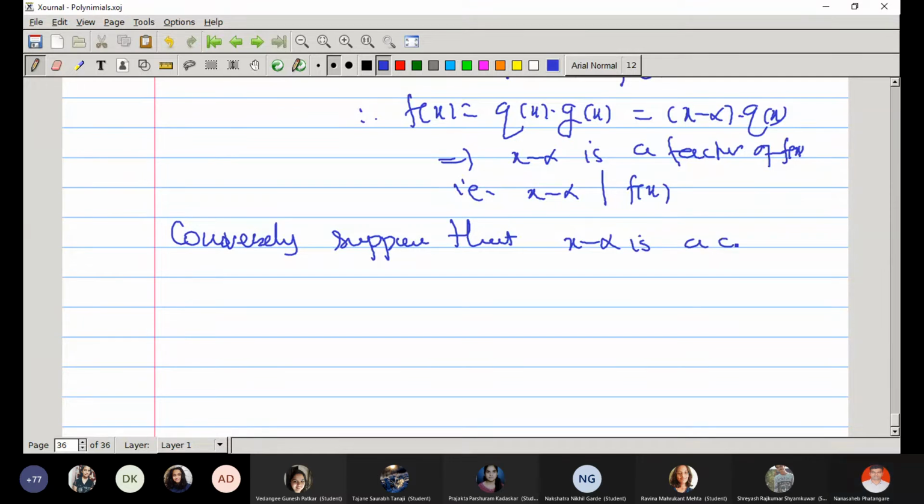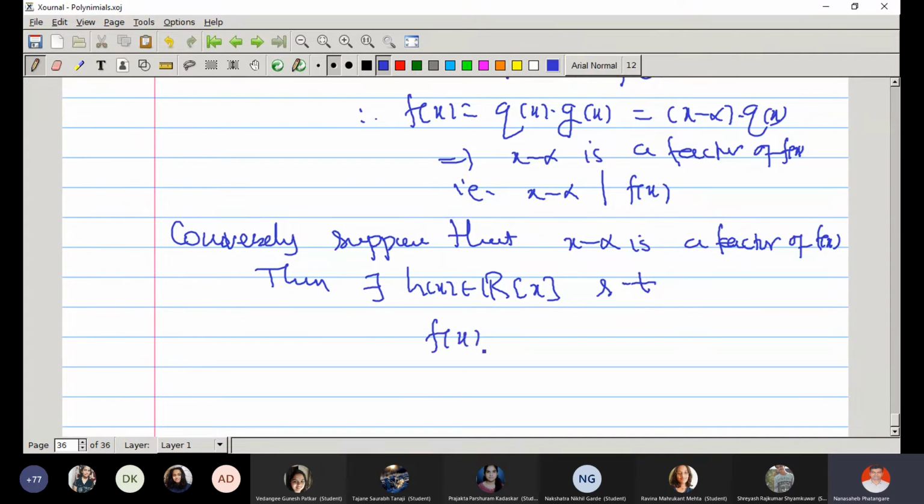Then there exists some polynomial h of x in R[x] such that f of x is equal to x minus alpha into h of x.